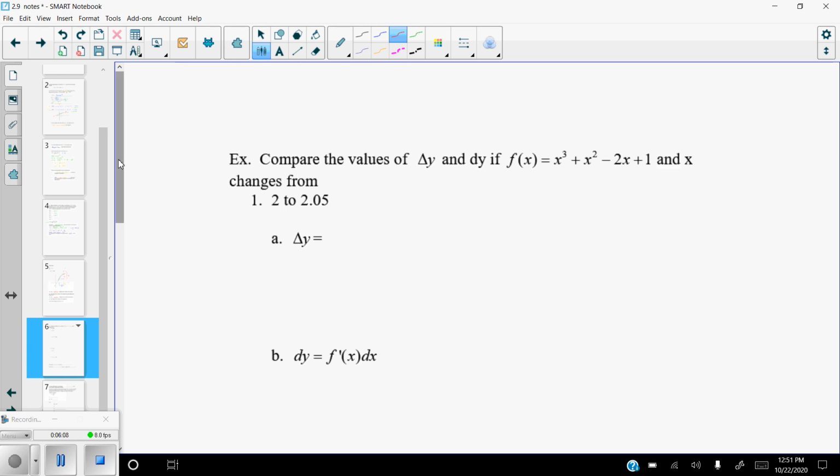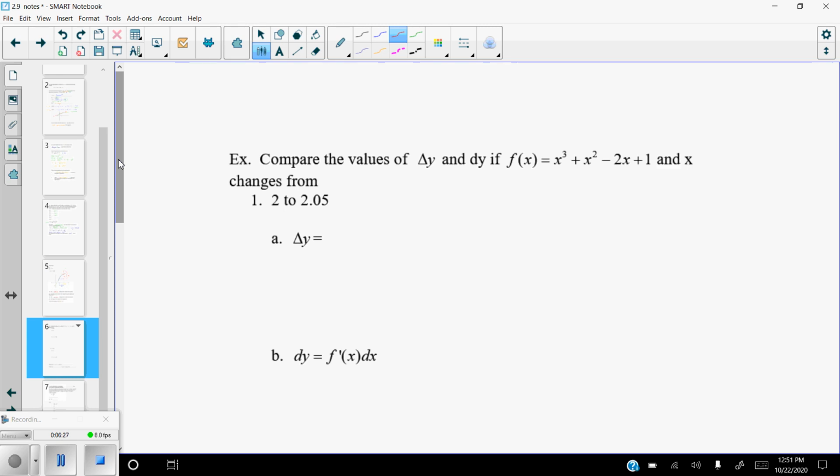All right, so what we want to do is compare the values of delta y and dy if we're given the function that you see there, and the x values change from 2 to 2.05. So the first thing we're going to do is calculate delta y, which is the actual change in the function.